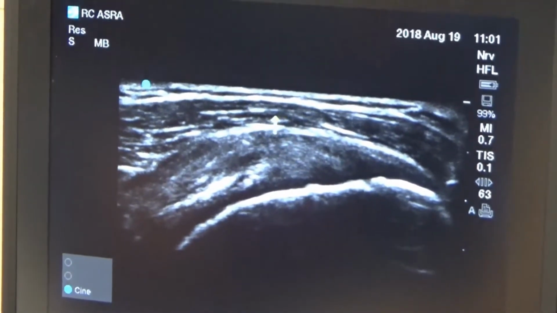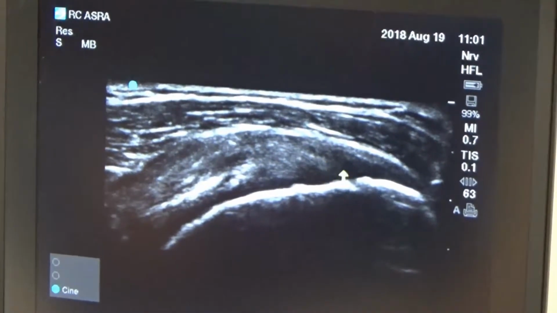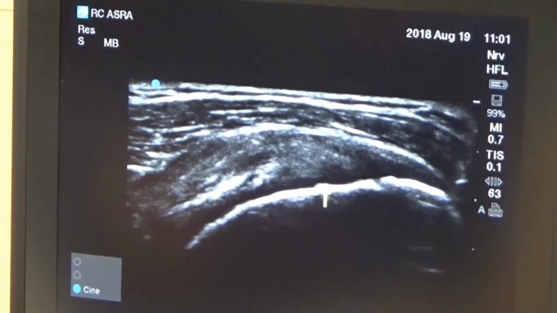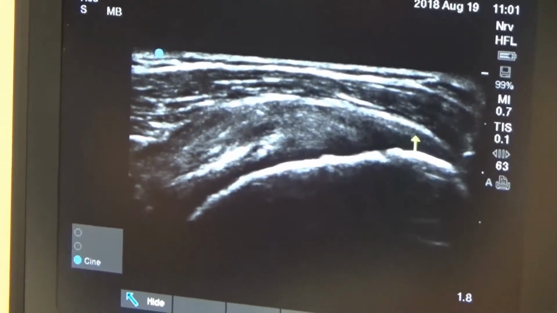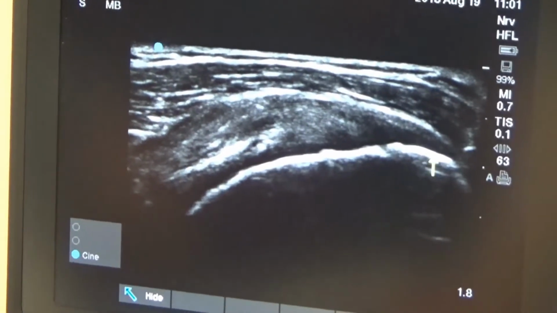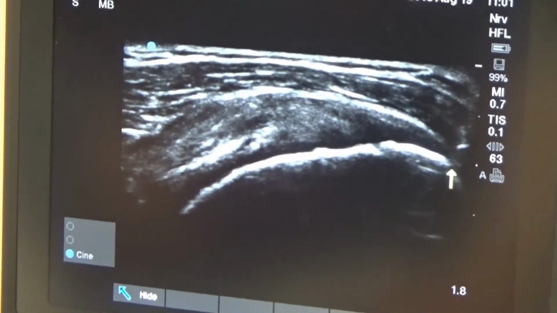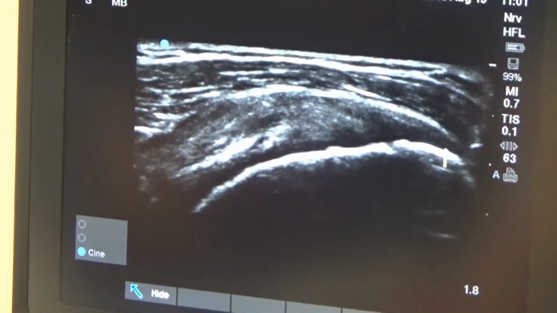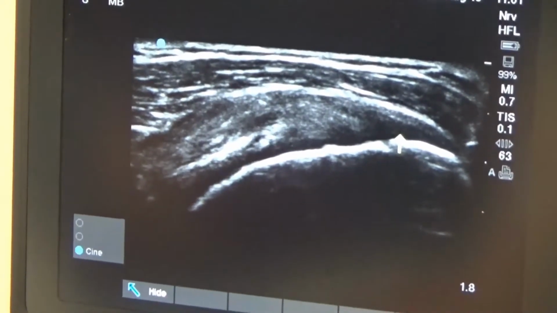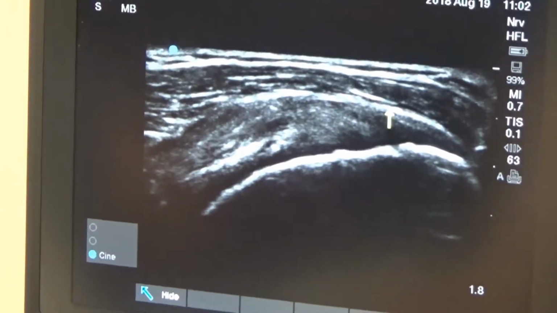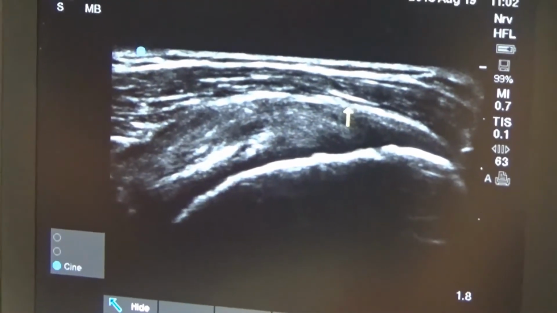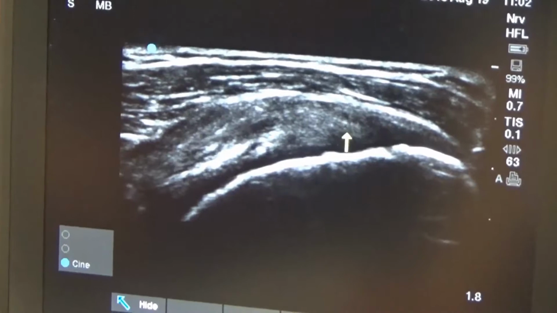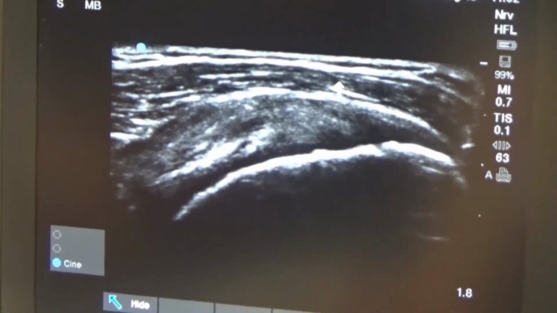This is the overlying deltoid muscle, and obviously this is the cortex of the humerus. Please note how the edges of the tendon go to the greater tuberosity. Please also note that we have a very thin line, semicircle, which is located between the tendon and also the muscle.